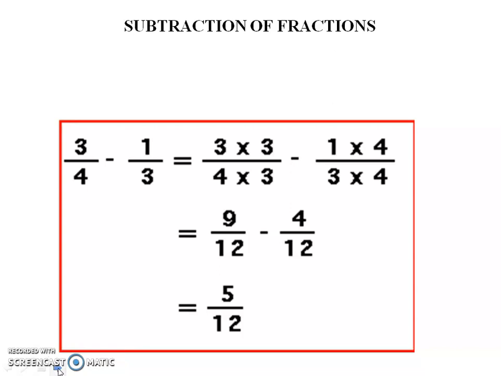So the first step is converting unlike fractions to like fractions. Here you can see both the denominators are 12. So when you get like fractions, you can subtract the numerators. That is how you subtract unlike fractions.